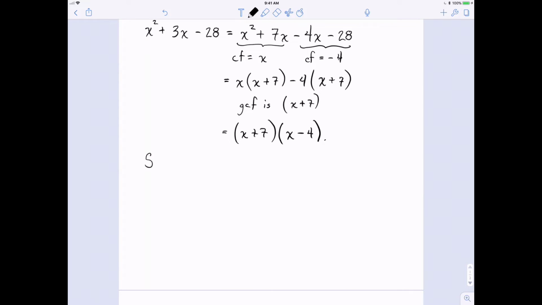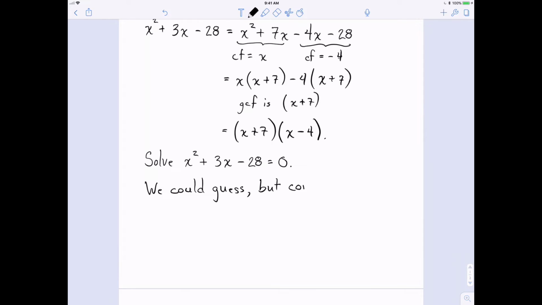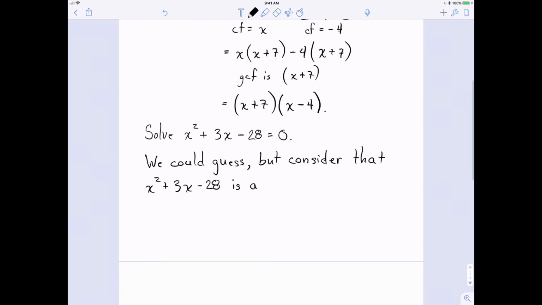Let's change the problem to solve x squared plus 3x minus 28 equals 0. Okay, we could guess, but consider the whole purpose in what we've been doing. Consider that x squared plus 3x minus 28 is a sum.